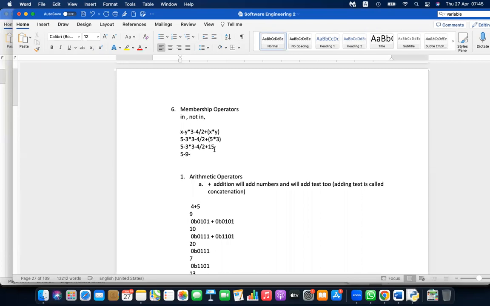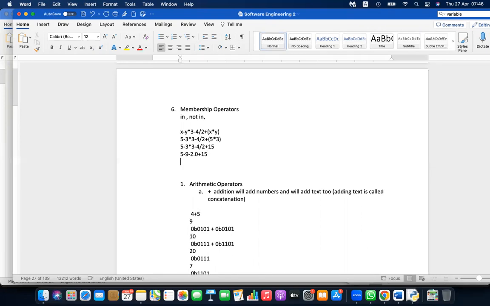Then the division is next: 4 divided by 2 is 2.0. Here it is 4 divided by 2.0 plus 15. So 5 minus 9 is minus 4.